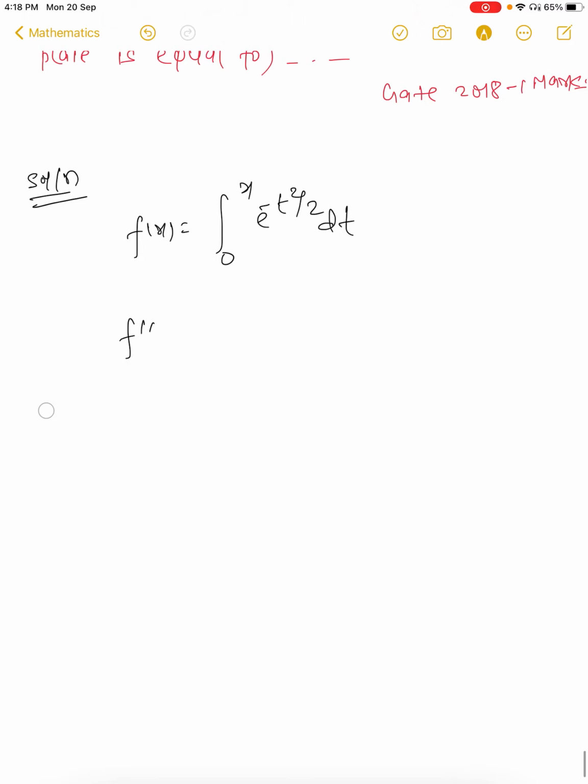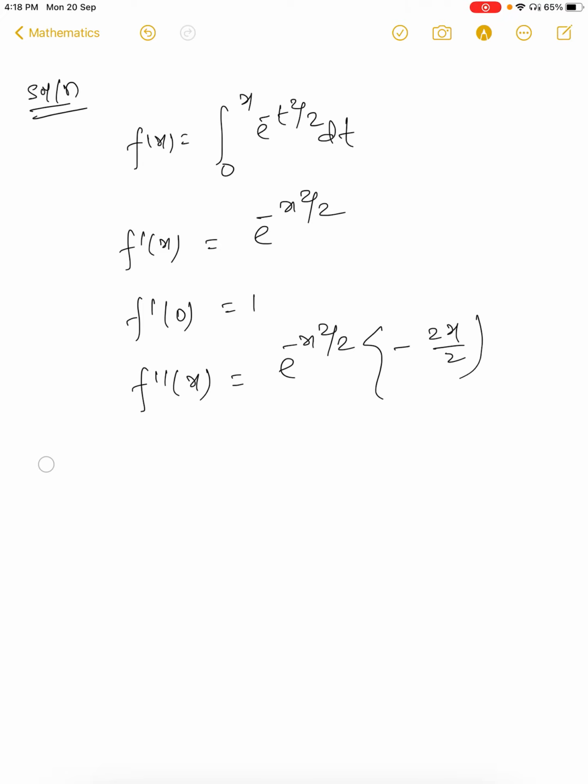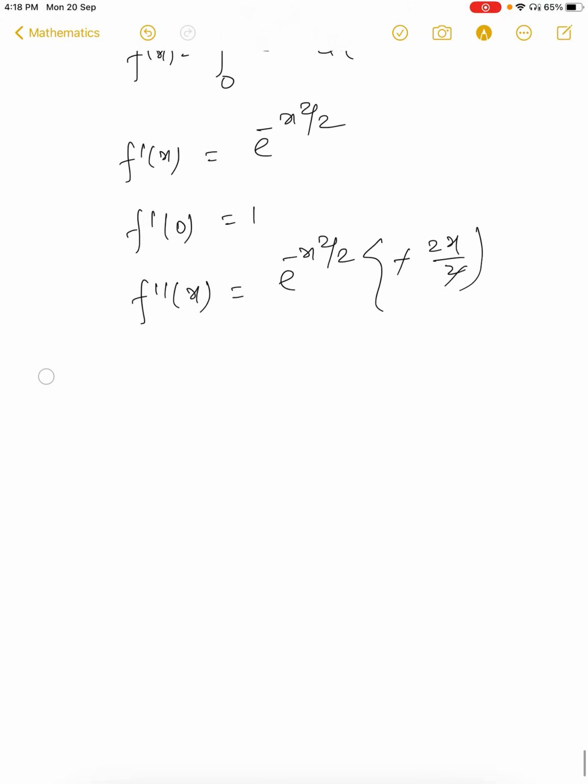So f'(x) will be e^(-x²/2), and f'(0) will be 1. f''(x) will be e^(-x²/2) times (-2x/2). This one cancels out, and when you put x = 0 in f''(0), it will be 0 because of x.